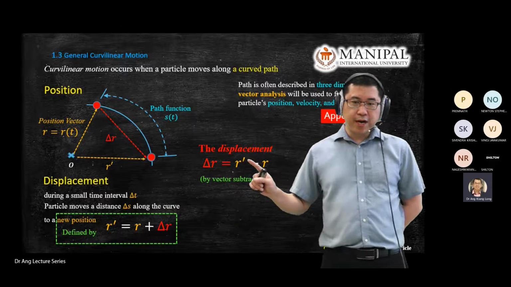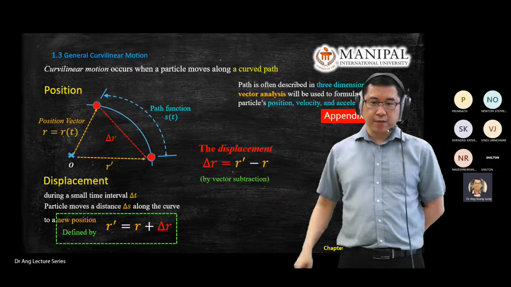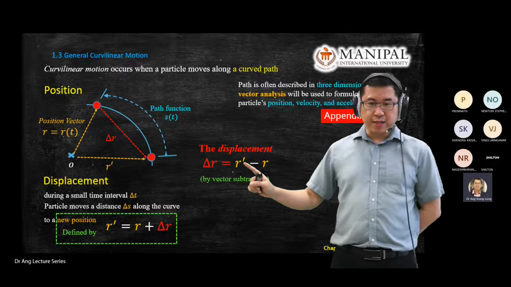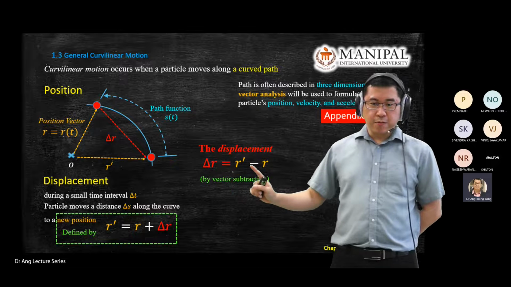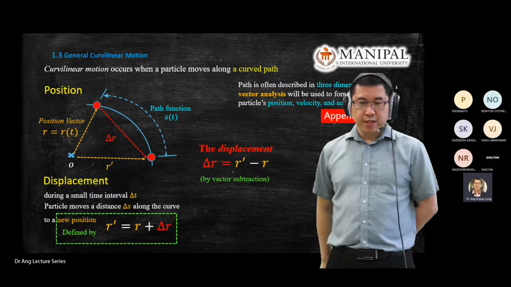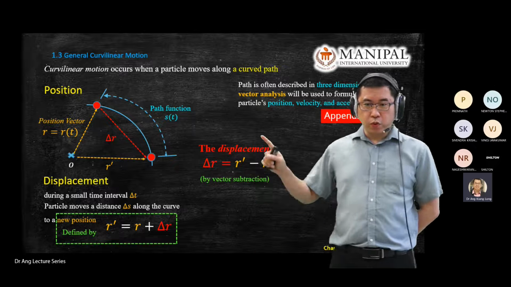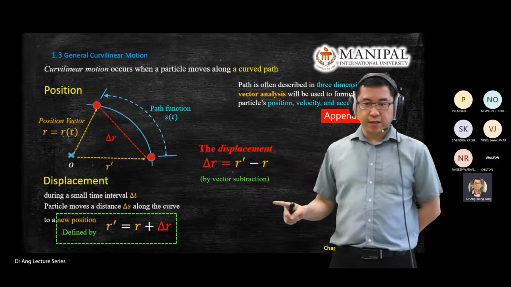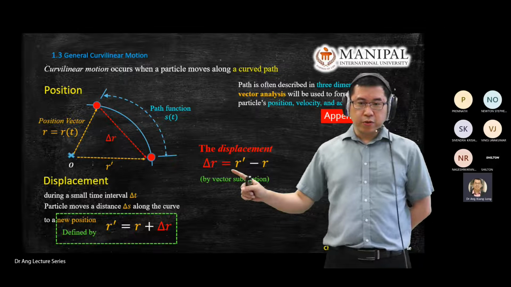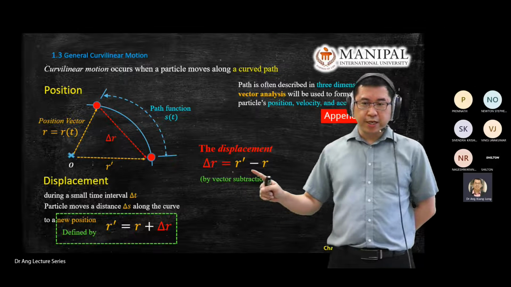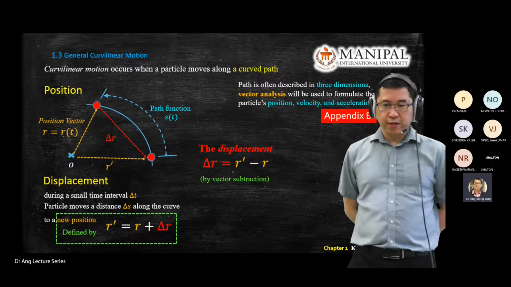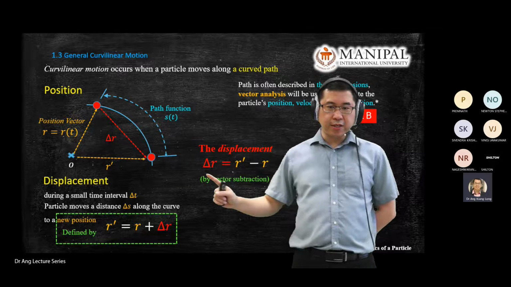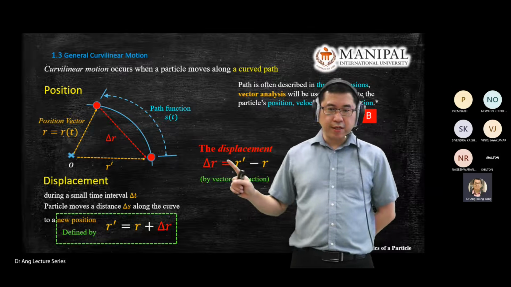That's why you get R prime minus R. And again, all these are vectors. R prime and R are vectors, so you still need to hold on to the vector understanding here. You can see that you are actually subtracting two vectors here. You're taking the end vector and the beginning vector to get the displacement.